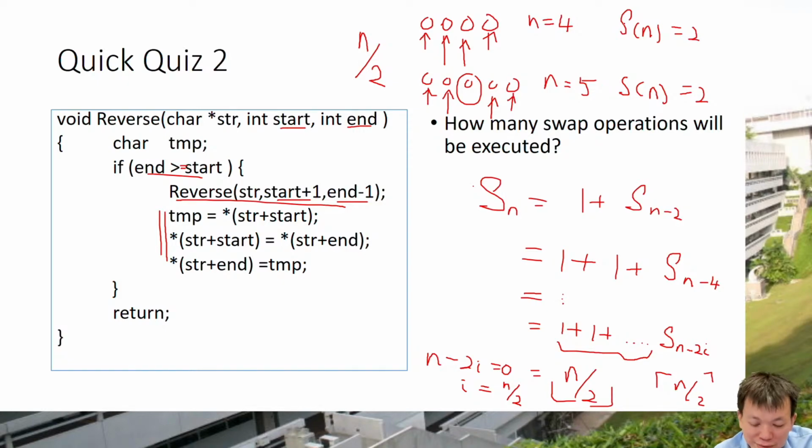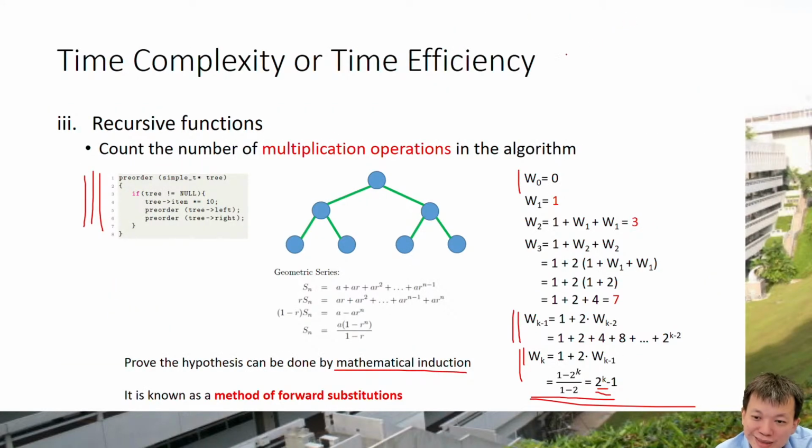Especially if you carefully look at this one, it is not that simple. When you have two recursive functions, this you can still visualize because you know what a tree is. Sometimes, when you have two recursive functions and you want to analyze it, it may not be that simple.